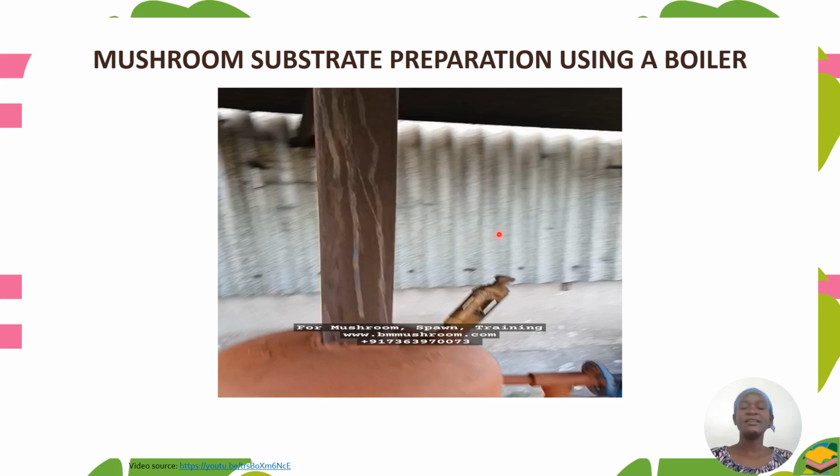Remember, once the substrates have been partially decomposed by microorganisms, those microorganisms need to be eliminated. So we can use the boiler, which will be introducing the hot steam into the house. Let's take a look at how these boilers work.